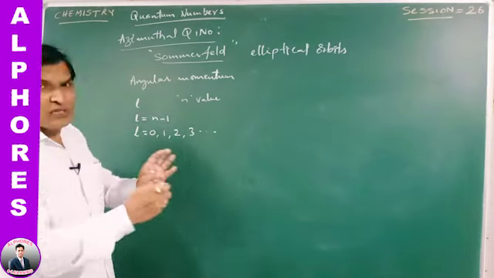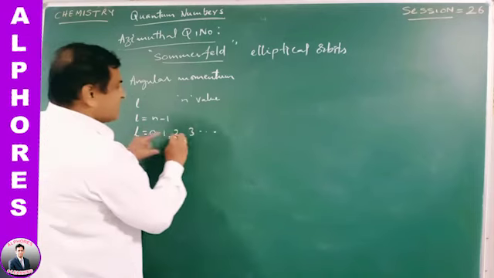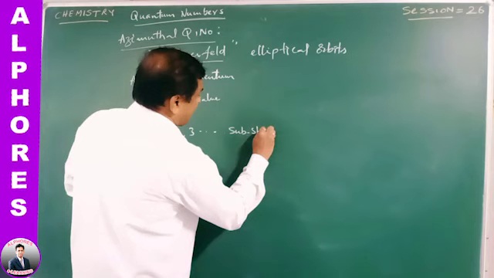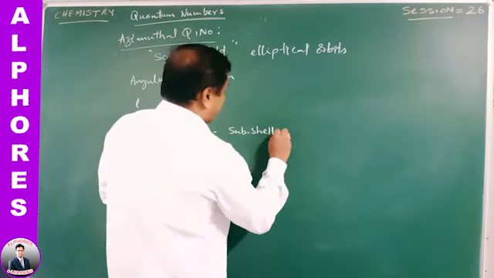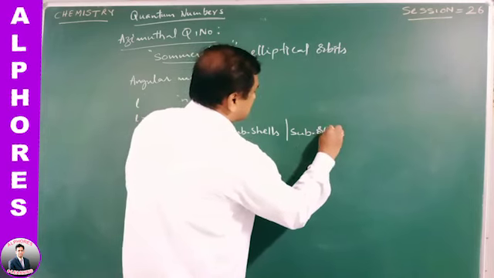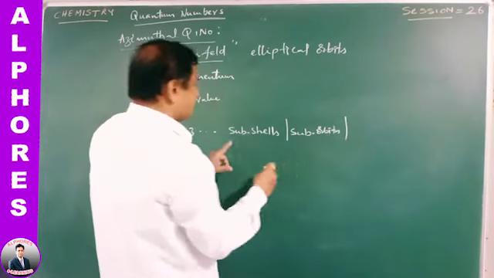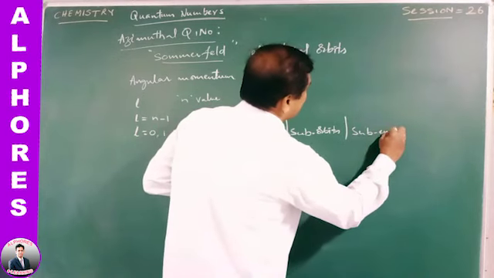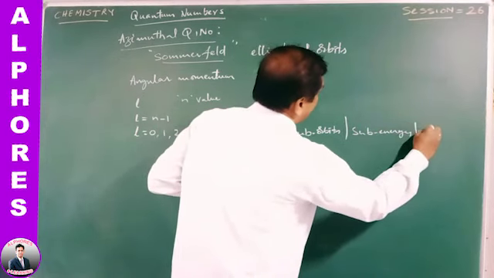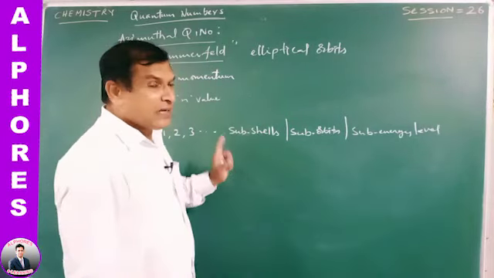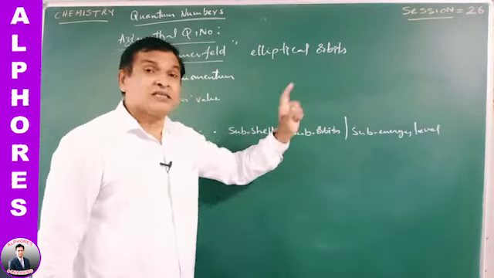These L values represent subshells, or we can say suborbits, or sub-energy levels, because we have orbit, suborbit, shell, subshell, energy level, sub-energy level.